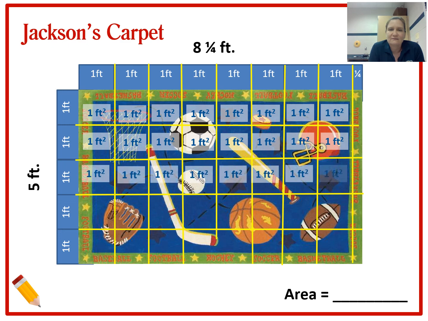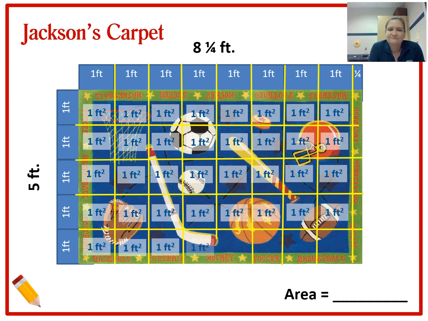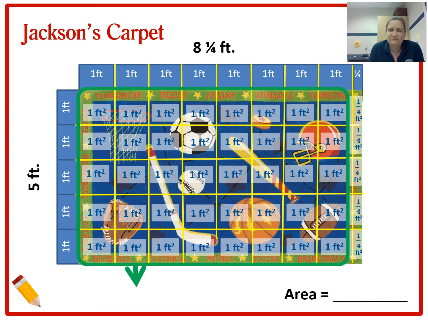So we have 8 sections, 8-foot sections here. And then 1/4 sections there. And then when we take a look at our 1 whole foot sections, we have exactly 40 feet squared.